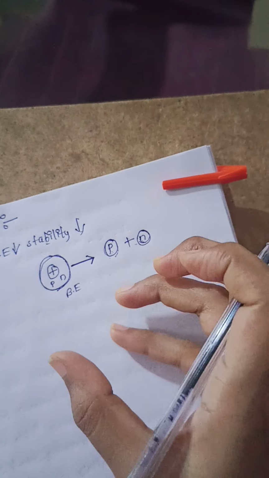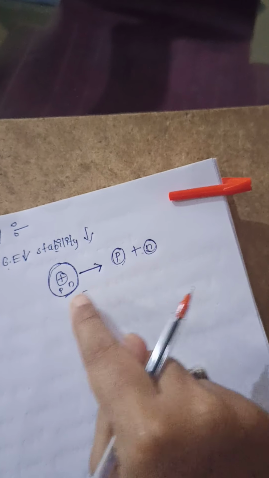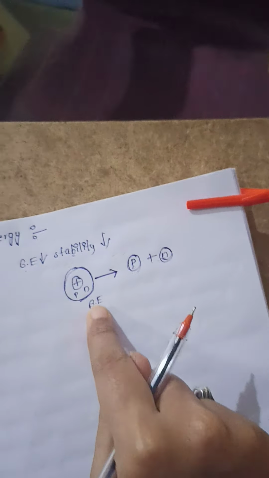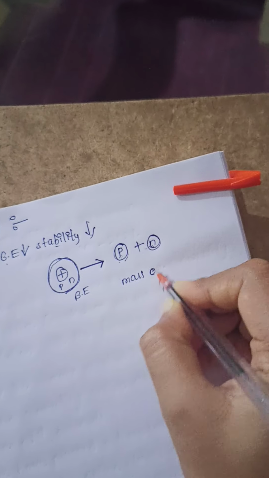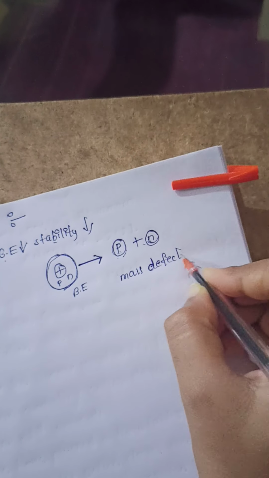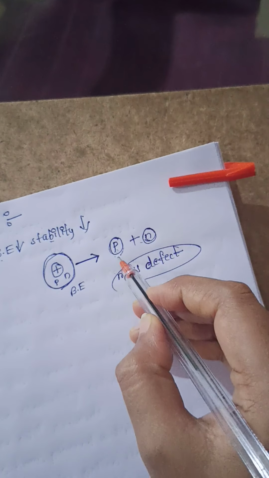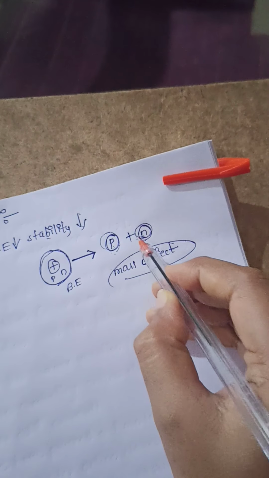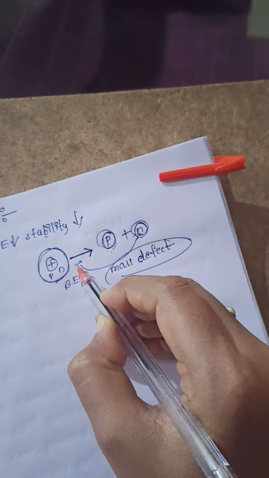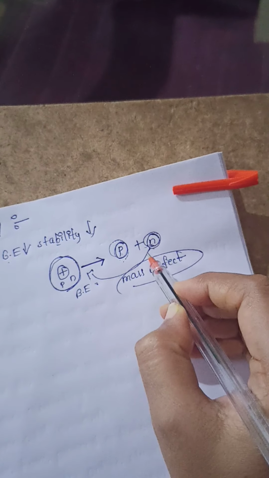But here it is not like this. It is not equal to the binding energy of the nucleus. Why? Because of the mass defect. Because of the mass defect, if you add the energies of the constituent protons and neutrons, it is not equivalent to the binding energy. It is always less.